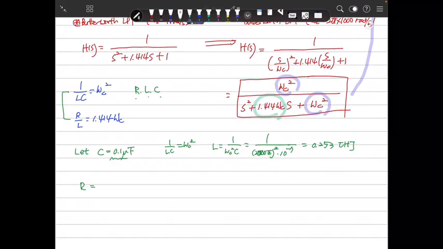The main thing is R. What is R? R is 1.414 omega C times L. So 1.414 times omega C, which is 2 pi times 1000, times L, which is 0.253. Then it is 2251 ohm.